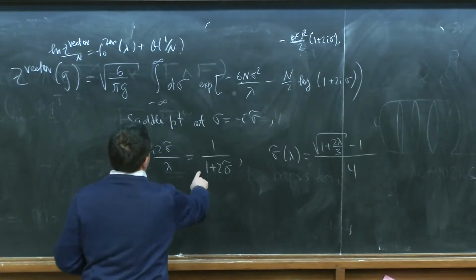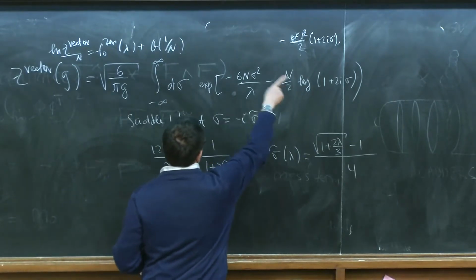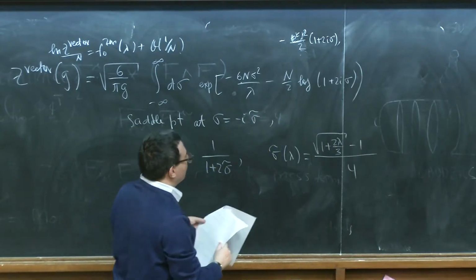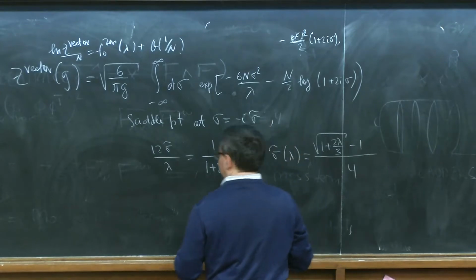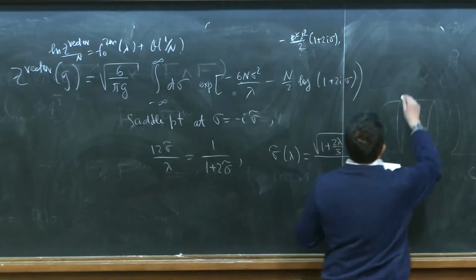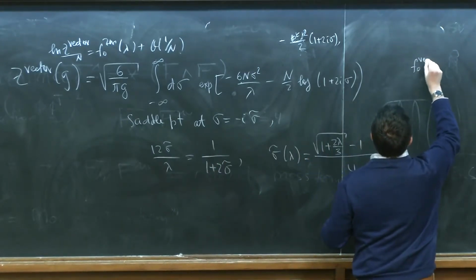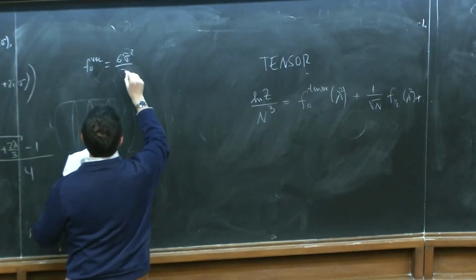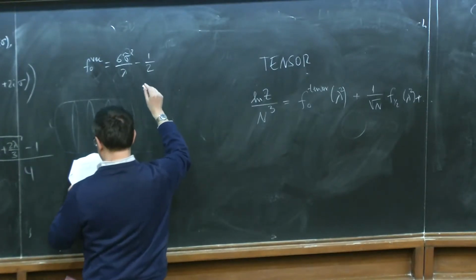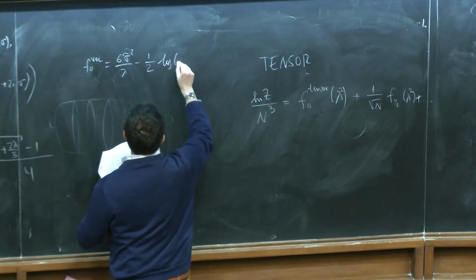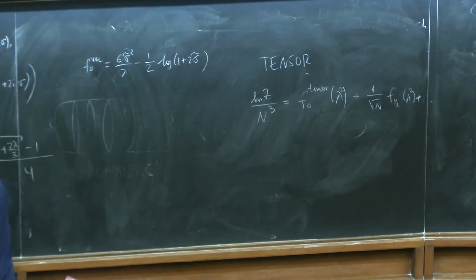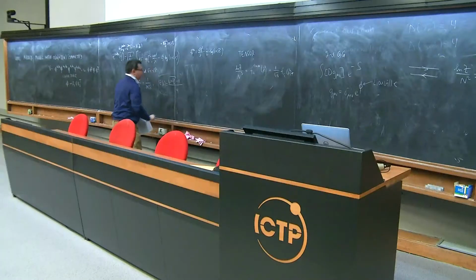And we just plug in the value of the saddle point into this exponent, right? So the contribution will just come from this exponent. So we see that in this case, f0 vector is just equal to 6 sigma tilde squared divided by lambda minus 1/2 log of 1 plus 2 sigma tilde, where sigma tilde is given by this equation.